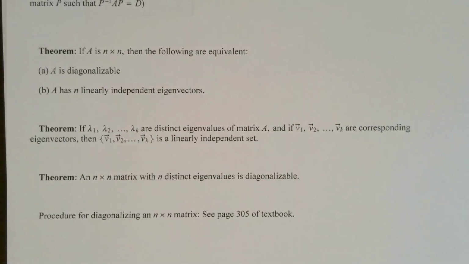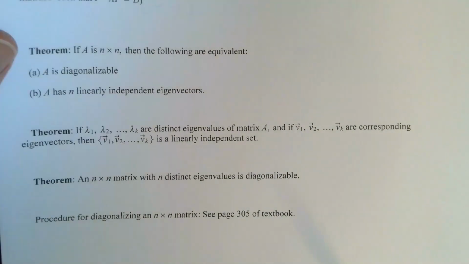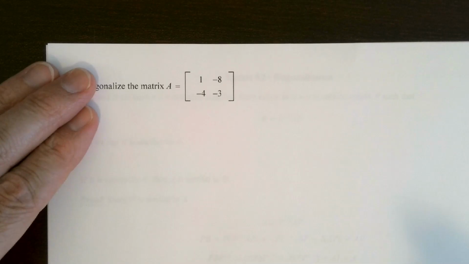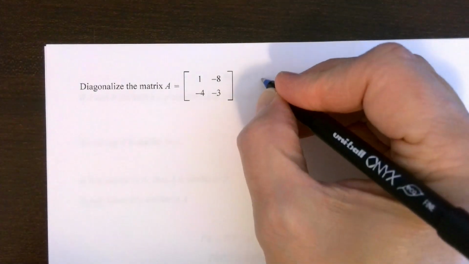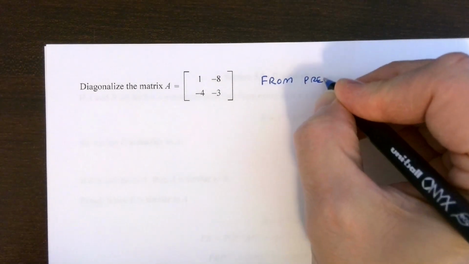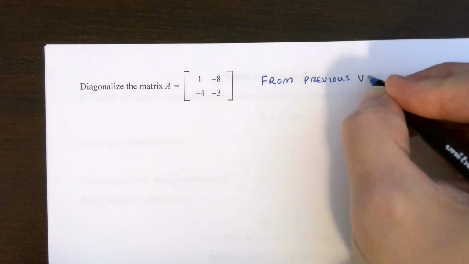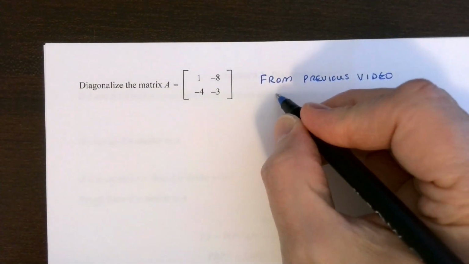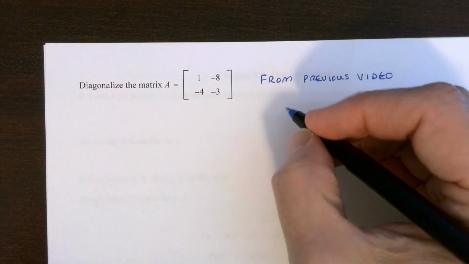Let's take a look at this example here. So this matrix here is from our notes before, from the previous video on eigenvalues and eigenvectors, the part 2 video, I think.